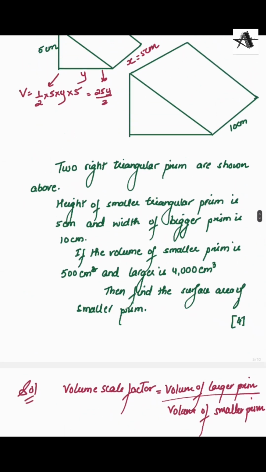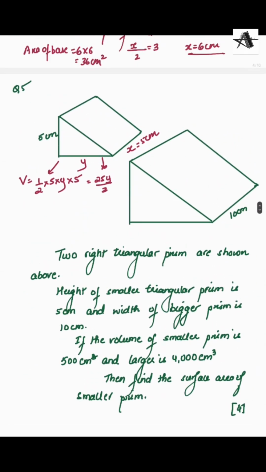Coming back to this one, y is 40. Now this one is 40. It's easy now to calculate the surface area of this smaller prism, because we have to calculate the area of each face.